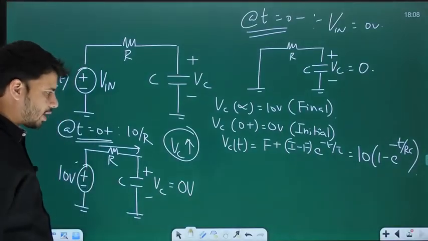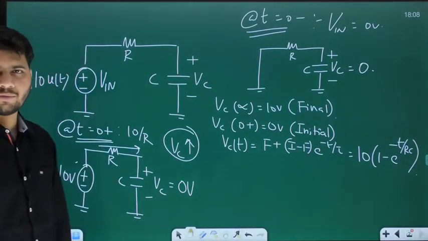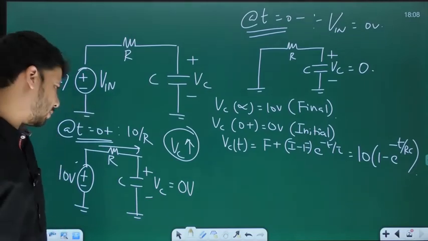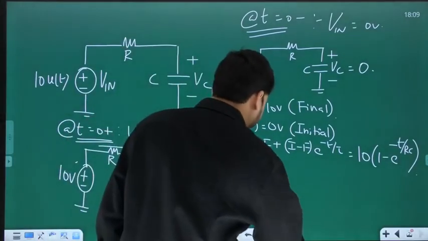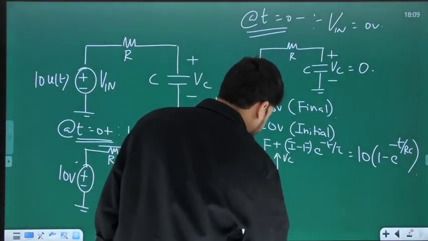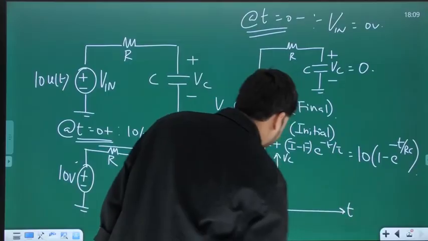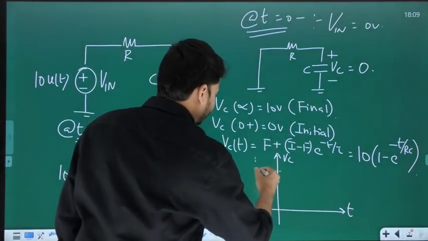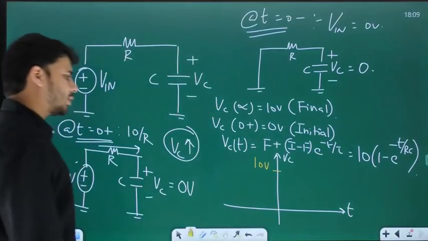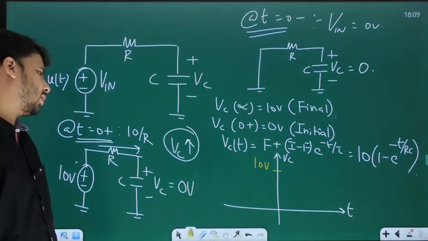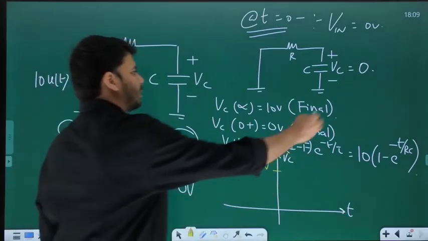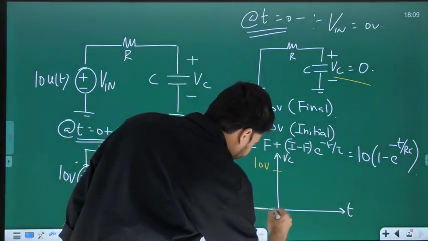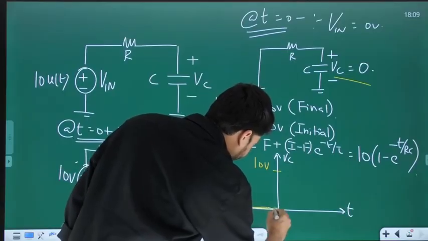Let me also draw the waveform for Vc. Vc plotted versus time. Look at this. Vc versus t. Let this be 10 volts. So what is the value of Vc for t less than 0? It is 0. Up to t equal to 0, the value of Vc is 0.